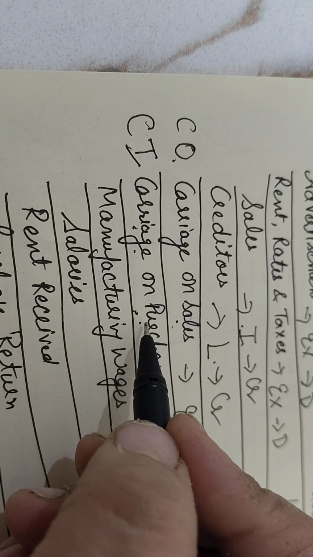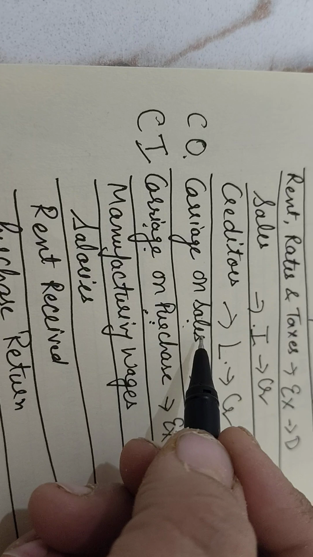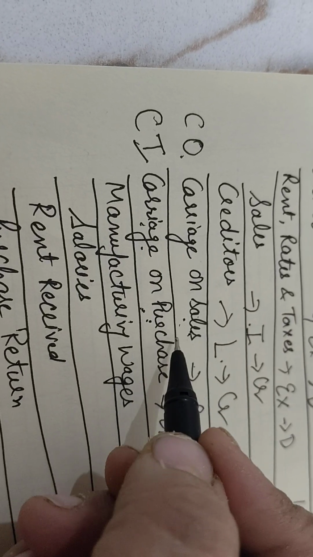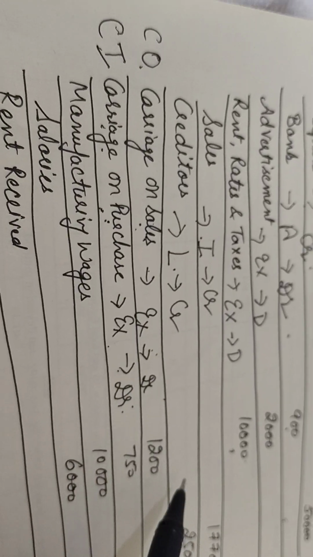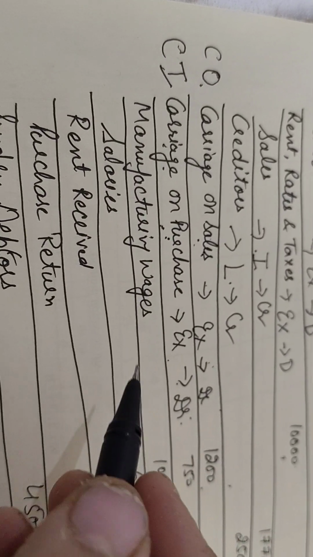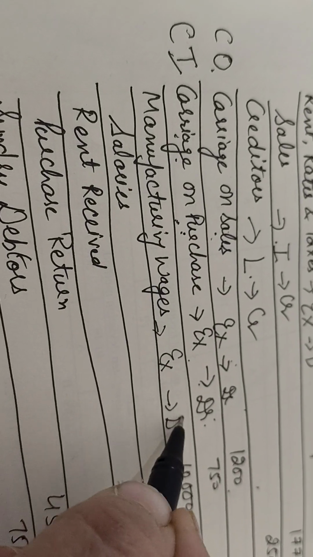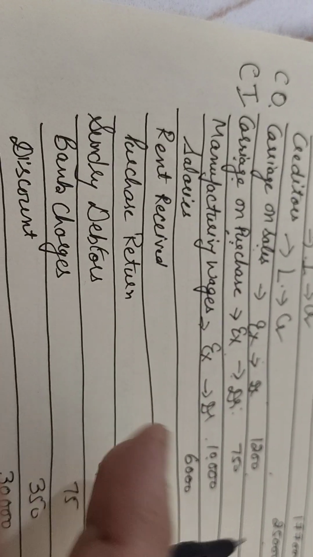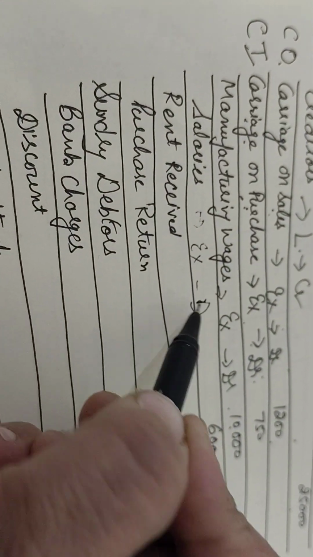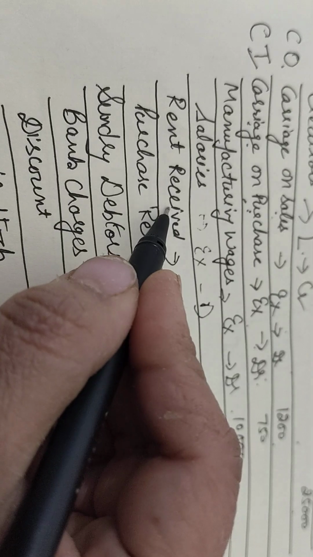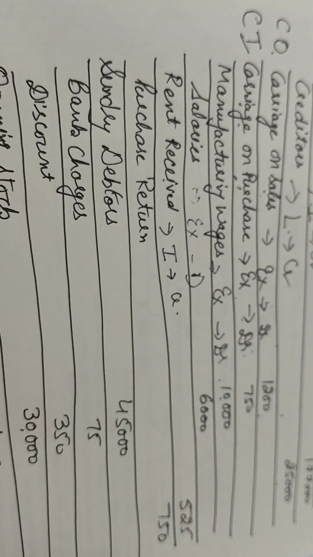The expenses which are incurred on purchases are direct and which are incurred on sales are indirect. We will discuss that from the final accounts point of view, but here both are expenses, so both should be debited. Then manufacturing expense again is an expense itself, so it would be debited. Manufacturing wages and salaries are also expenses, so they would be debited. And rent received is there, that means it's your income, so it should be given a credit here, right?